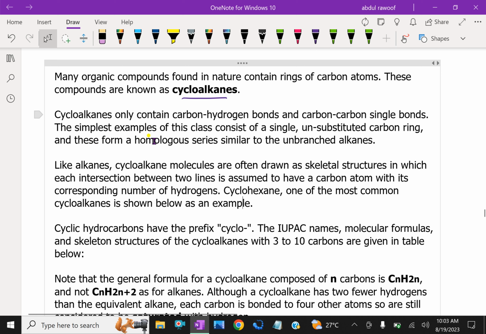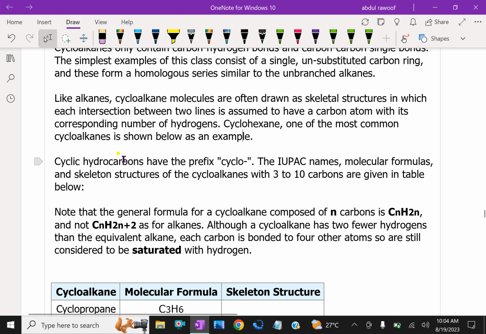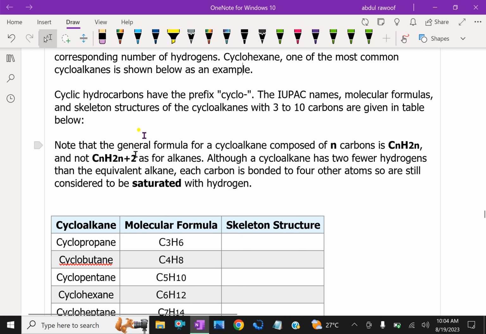The simplest example of this class consists of a single unsubstituted carbon ring, and these form a homologous series similar to the unbranched alkanes. Cyclic hydrocarbons have the prefix cyclo. In IUPAC names, the molecular formulas and skeletal structures of cycloalkanes with 3 to 10 carbons are given in the table below.